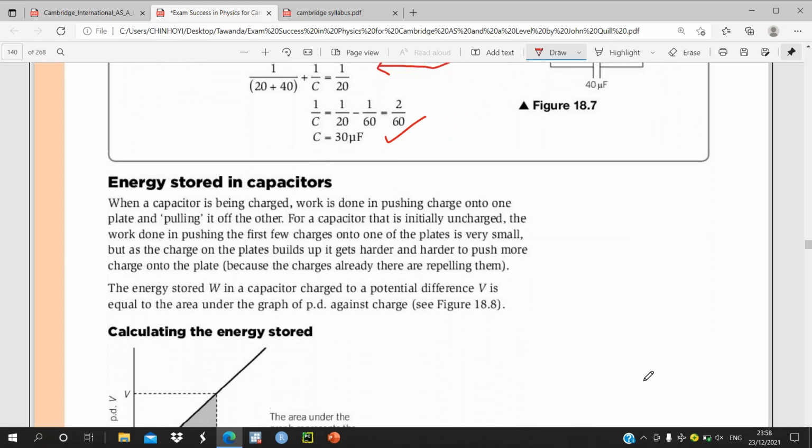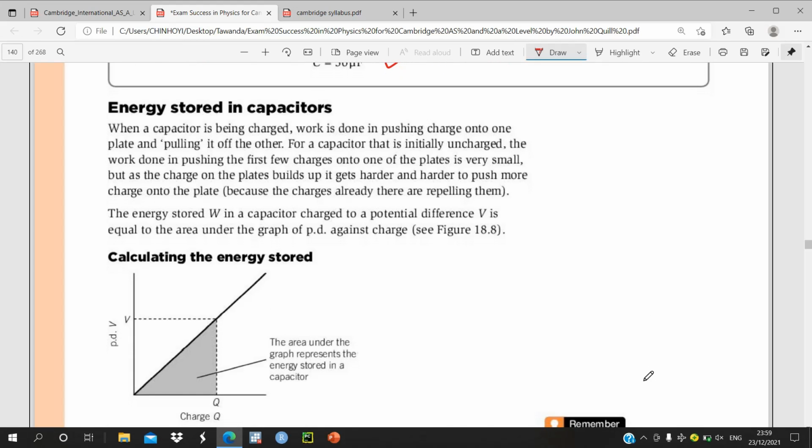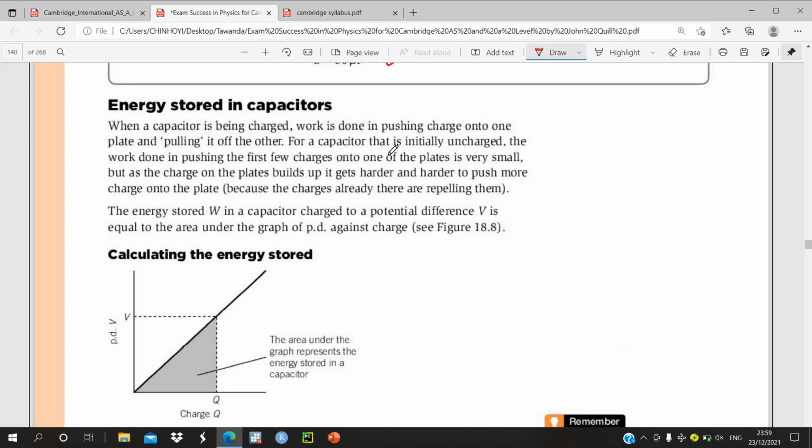Now we want to look at the energy stored in capacitors. When a capacitor is being charged, work is done in pushing the charge onto one plate and pulling it off the other plate. For a capacitor that is initially uncharged, the work done in pushing the first few charges onto the plate is very small. But as the charge on the plates builds up, it gets harder and harder to push more charge onto the plate, because the charges already there are repelling each other.